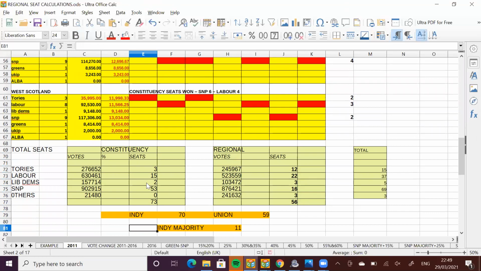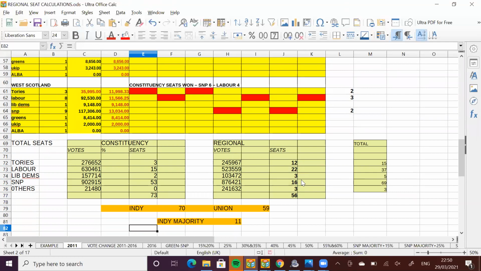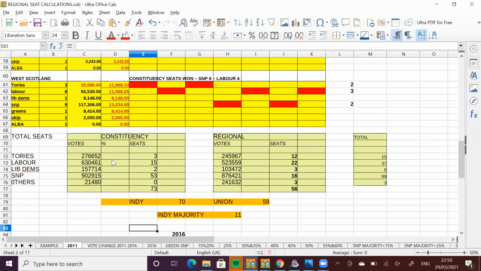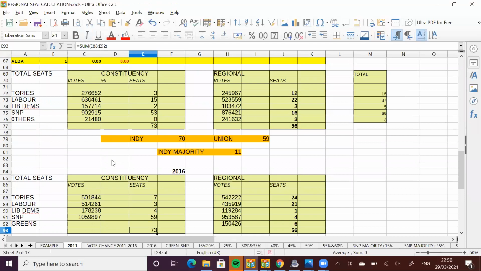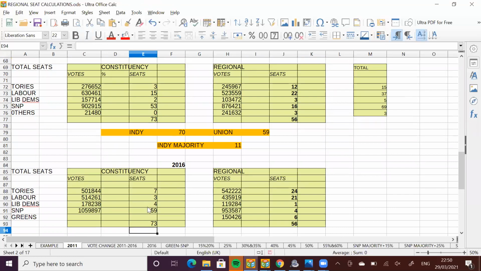In 2011, the SNP won 53 seats on the constituency, and they won 16 seats on the regional, which gave them that majority. However, if we have a quick glance at 2016 results, the SNP won 59 seats in the constituency, which meant they only won 4 seats on the regional.